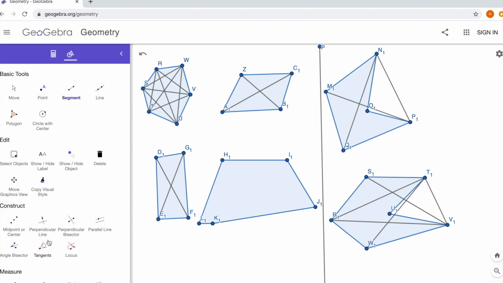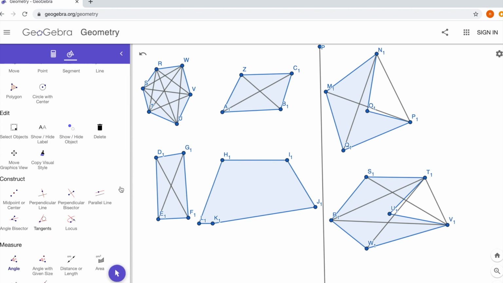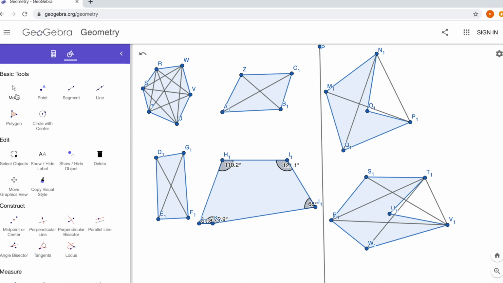Now we talk about angles and see whether there is any difference between angles also. So angles are 110.2 degrees, here 121.1, 68 degrees, here 170.9 and 69.8.